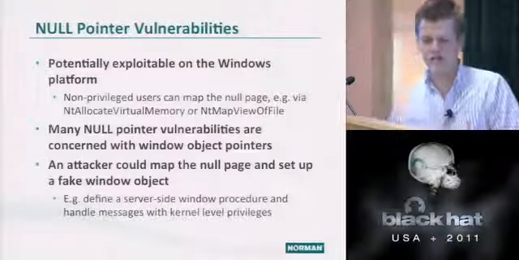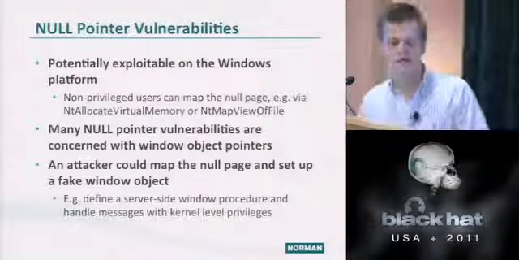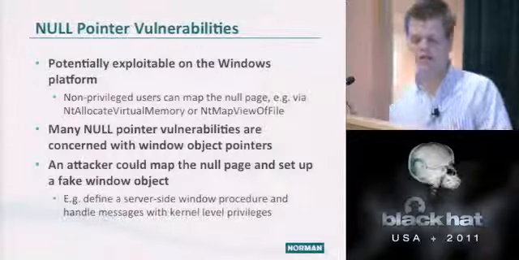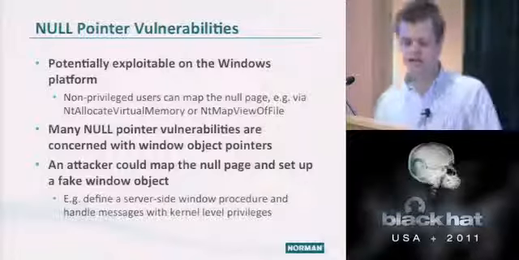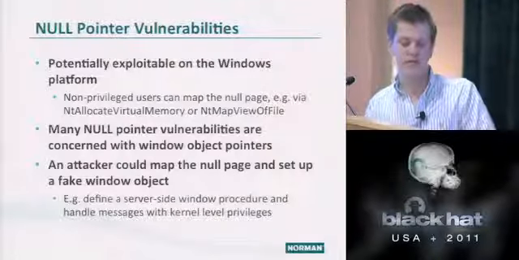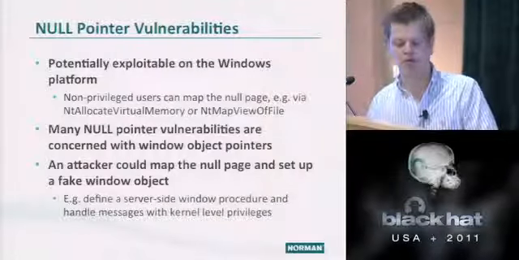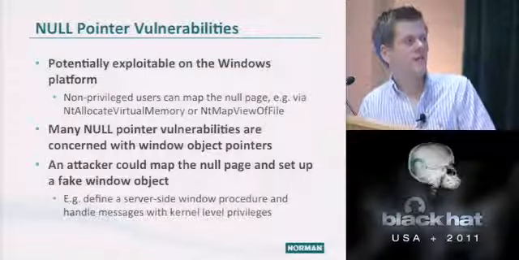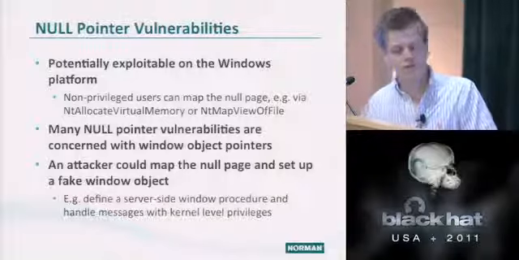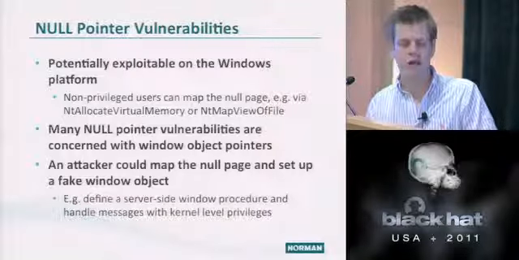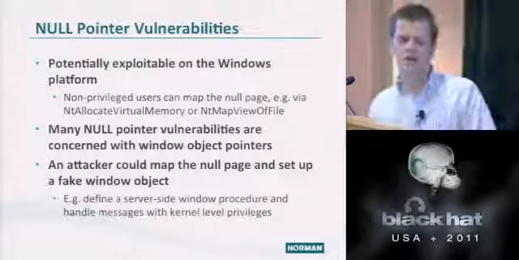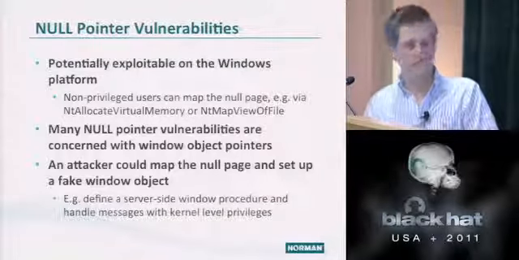There are also, like I said, null pointer vulnerabilities. These are potentially exploitable on Windows, since you can map the null page either by using, for instance, NtAllocateVirtualMemory or NtMapViewOfFile. Many null pointer vulnerabilities are concerned with window objects. So you could map the null page, fake the window object, and then set up a fake window procedure.